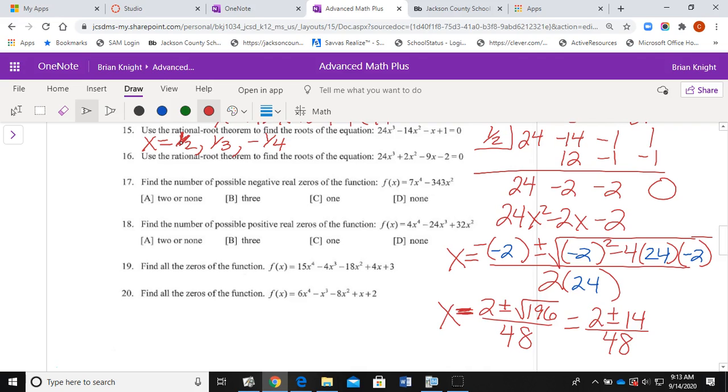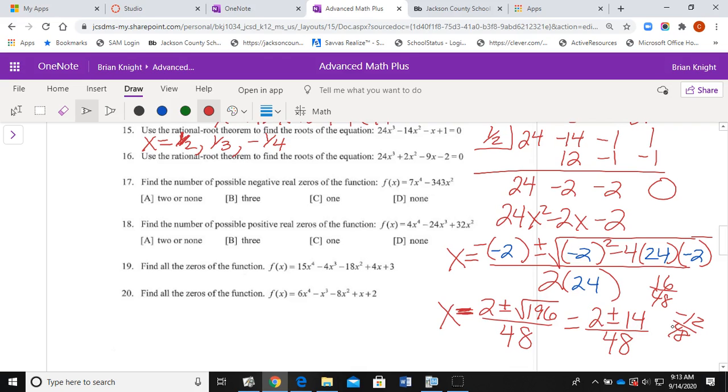Remember, I'm letting you steal the first one from your calculator rather than having to plug them all in. So I did 2 plus 14, which gives me 16 over 48. That reduces to 1/3. And I did 2 minus 14, which gives me negative 12 over 48, and that gives me negative 1/4.